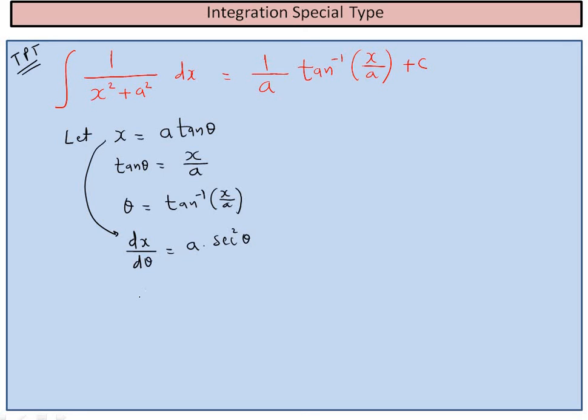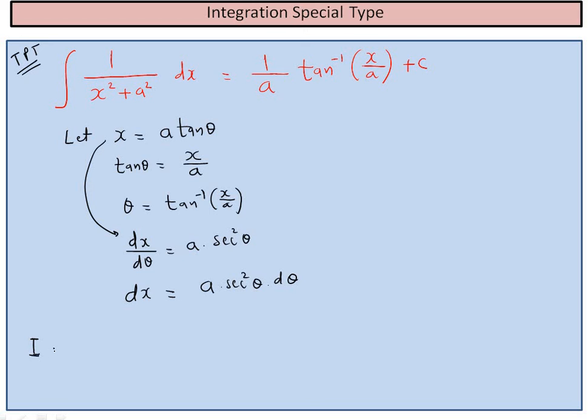A sec square theta. So I am converting this example into theta. So dx will be equal to a sec square theta into d theta by cross multiplication. समझ गए?